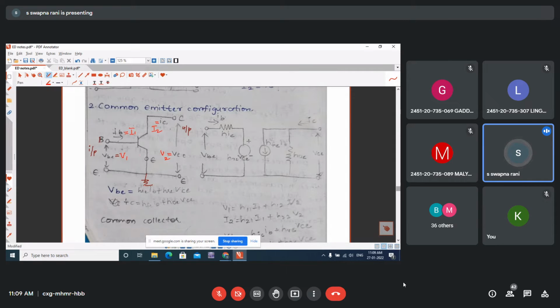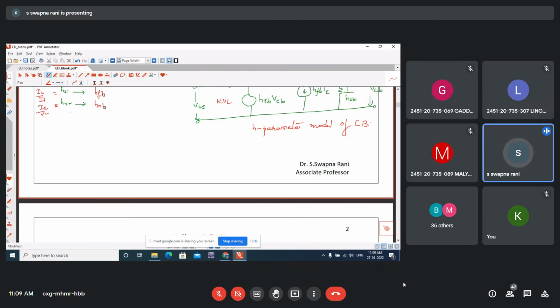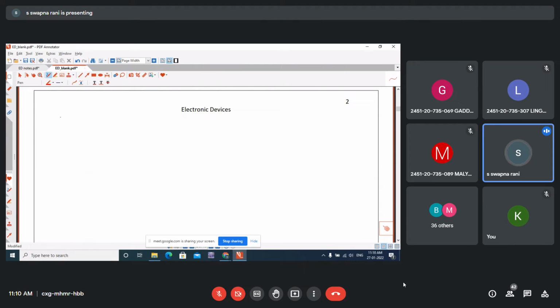So draw the configuration first with the transistor symbol. Next, find out what is I1, I2, V1, V2. So you need to draw the circuit, draw configuration. Second, identify V1, I1, I2, V2.